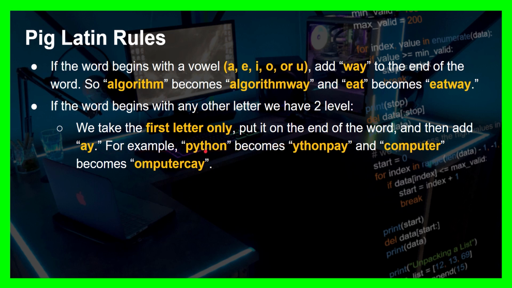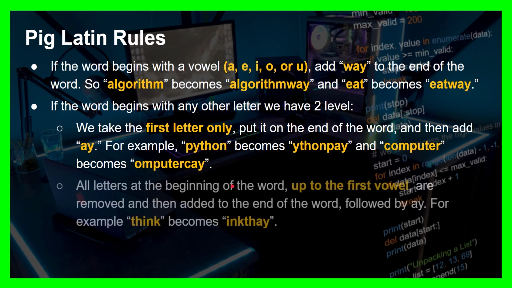So for example, Python starts with a P. It doesn't start with A, E, I, O, or U, so we take the P, put it at the end, and then add "ay". So Python becomes ythonpay. And then computer, for example, is the same. We take the C, we put it at the end right here, and then we add "ay". So computer becomes omputercay. I'm not sure how to pronounce Pig Latin, but this is a great way to exercise string manipulation.